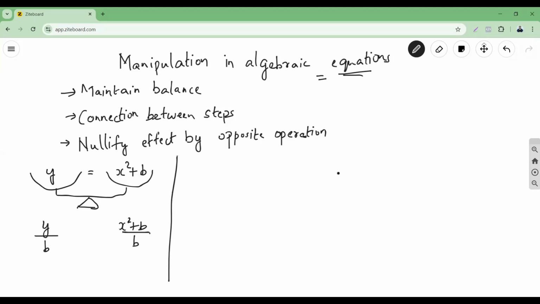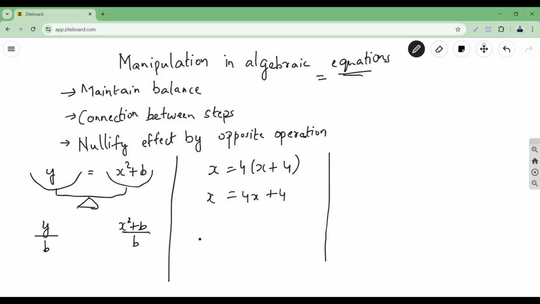Then the second thing that you have to remember is you'll have to maintain connection between the steps. That means to say, if I have something like, for example, x is equal to 4 times x plus 4, like this, and I'm writing 4x plus 4 on this side and I'm writing x.